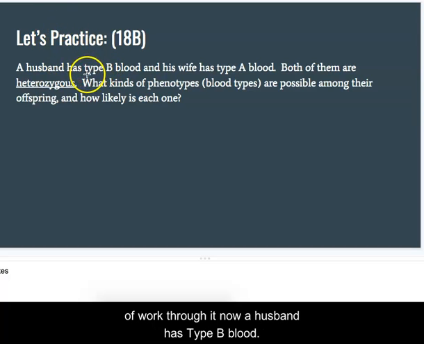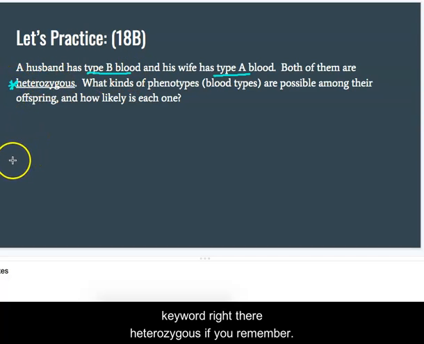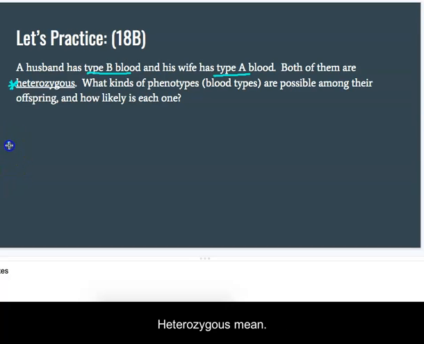A husband has type B blood, and a wife has type A blood. Both of them are heterozygous. So that is a key word right there, heterozygous. If you remember, heterozygous means that they have one of each.